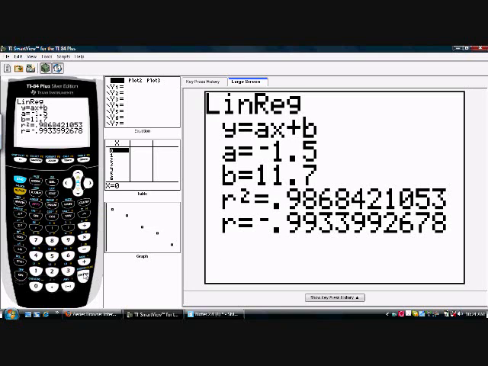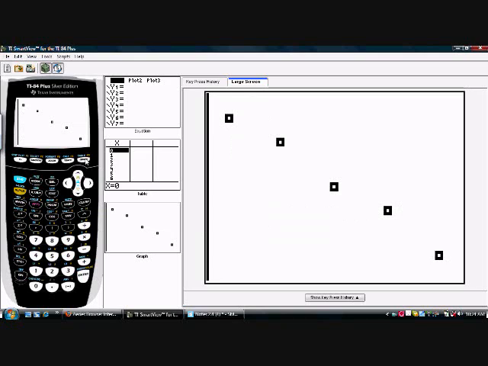And if you look at the graph of this one, you'll see that the dots are going down. So that's going to be a negative correlation. If you see one like that, then you're going to say it's a strong negative linear correlation. And your R will be negative. I don't believe you have any of those for your homework tonight.